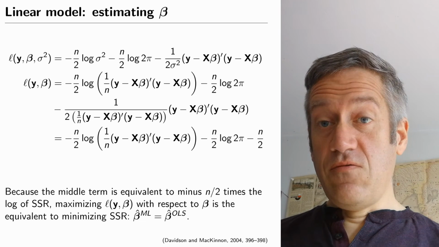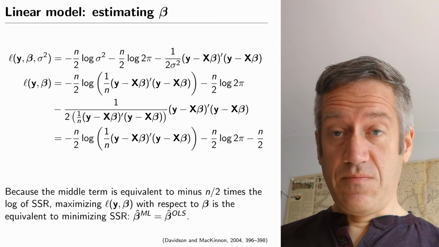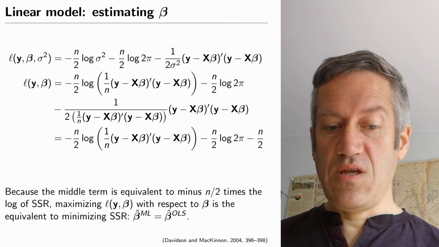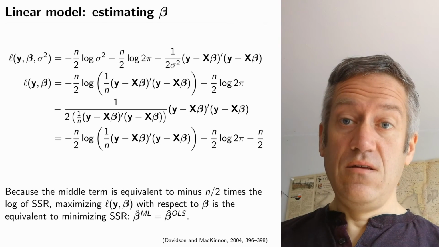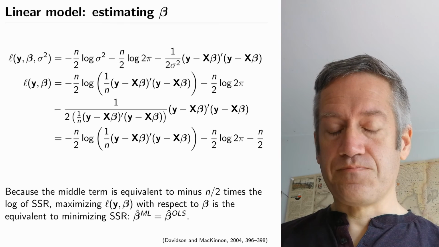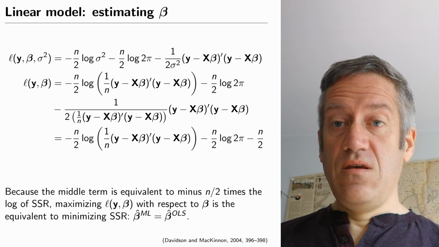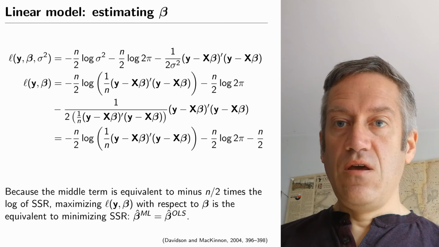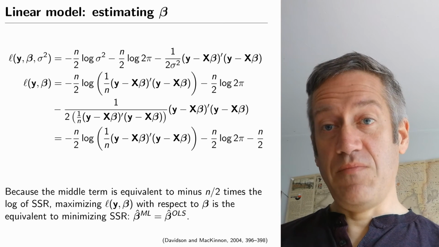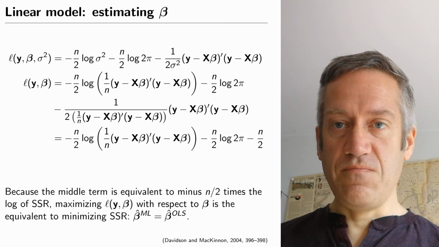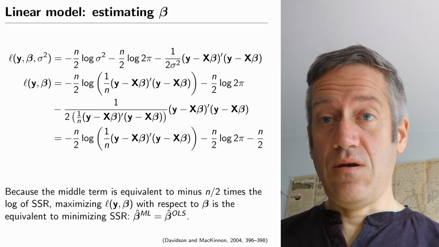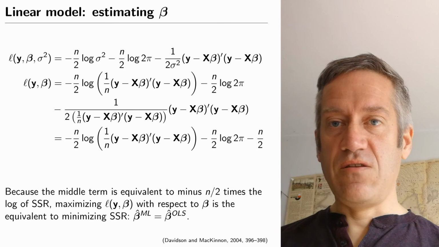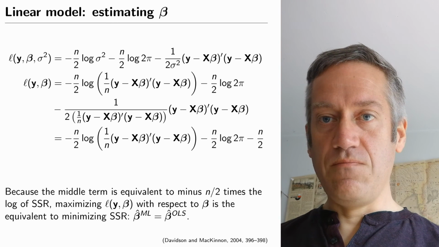Now when we take the derivative towards beta instead of towards sigma squared, we will see that this E prime E, this sum of squared residuals, is really key to estimating beta. The bottom line is, if you find the value of beta that minimizes E prime E, you have found the value for beta that maximizes the likelihood function.